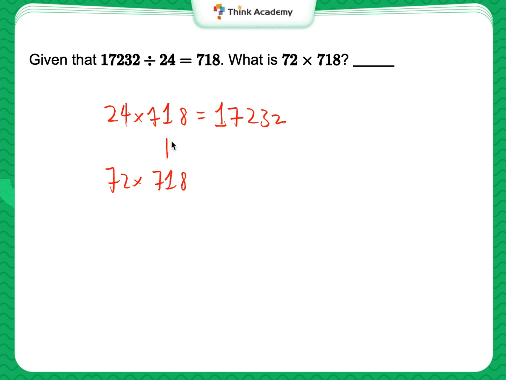So we can see that 718 remains unchanged, and 72 is 3 times 24, which means the product should also be 3 times the original product. So 17,232 multiplied by 3 is equal to 51,696. So that's going to be the answer to this question. All right, so that's everything for the intermediate sections.